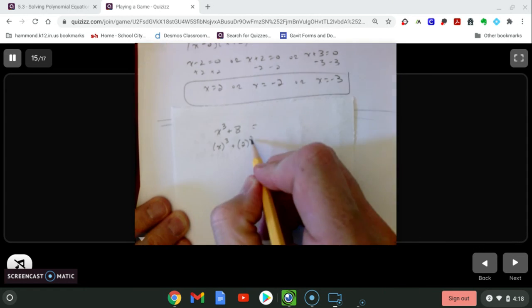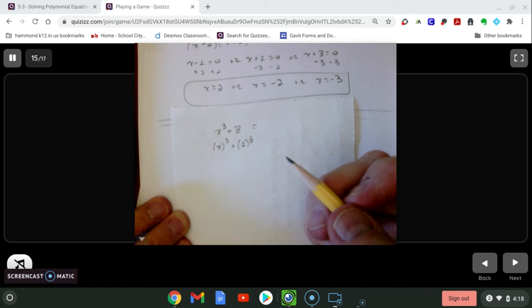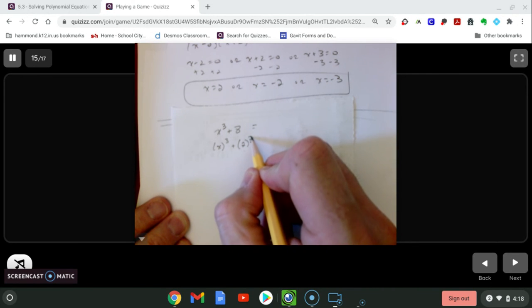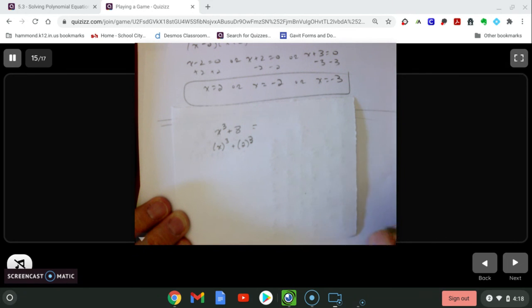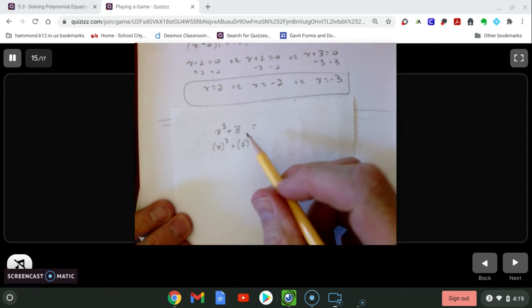How do I know that's 2 to the third? Right? So you remember back in Algebra 1, you probably memorized the first maybe dozen perfect squares. You could run around going 1, 4, 9, 16, 25, 36, 49, 64, 81, 100, 121, 144, 169, 196, 225, 256, and so forth.